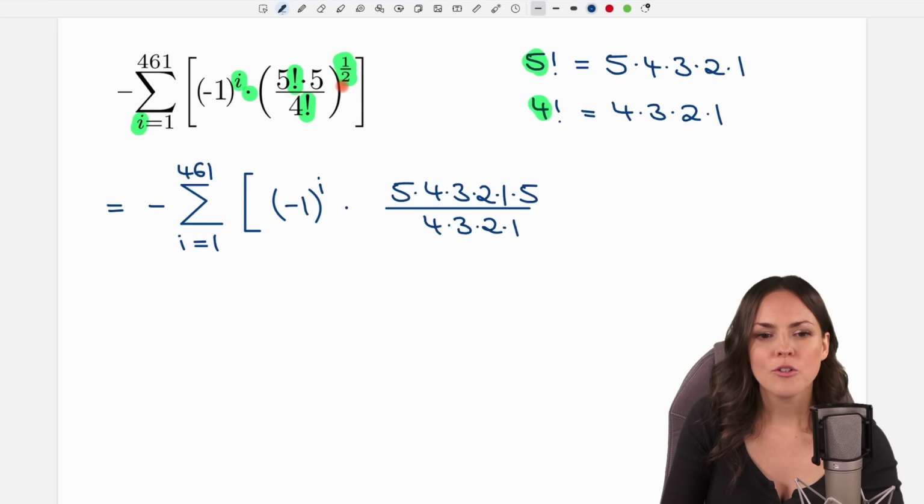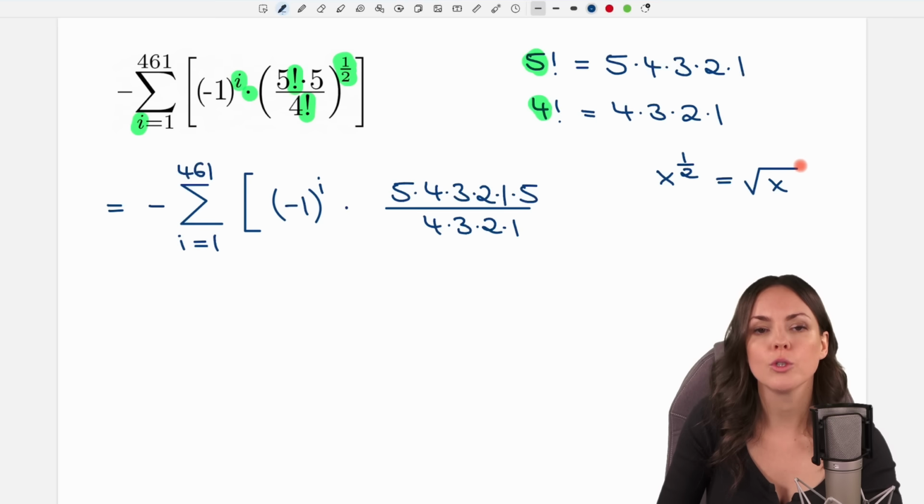And I want to write this in a different way. So if you have something like x to the power of 1 over 2, you can always write this as the square root of x. So instead of the square root, you can always write it as raised to the power of 1 over 2.